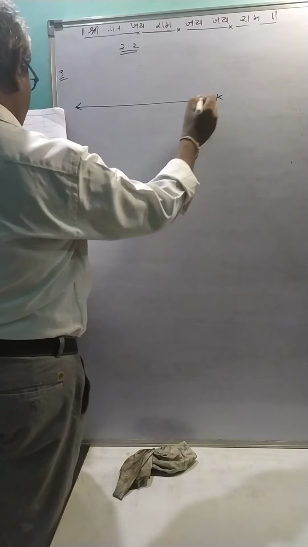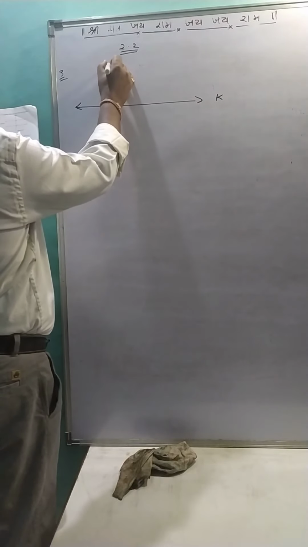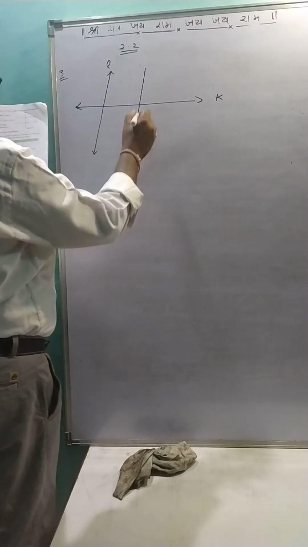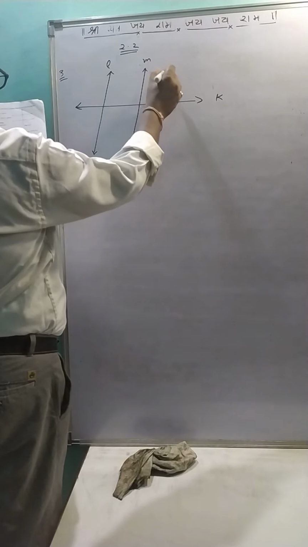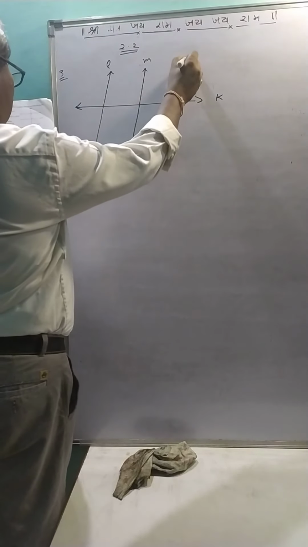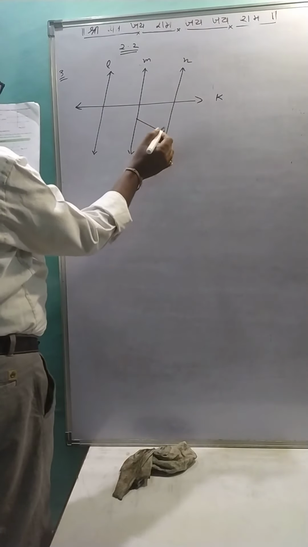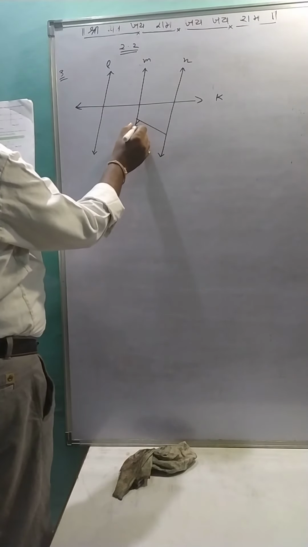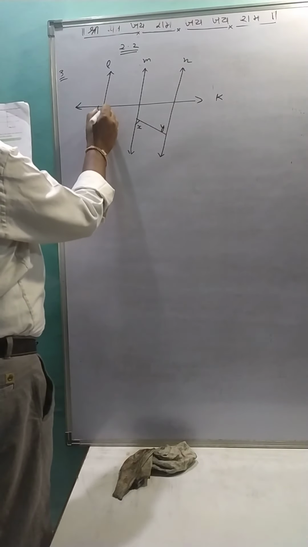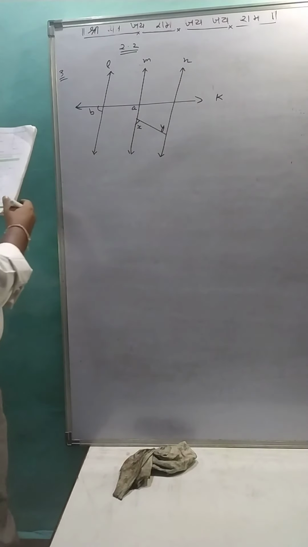This is the K and this is the line L. This is the line M and this is the line N. This is the x and this is the y. Here this is the b and this is the a.